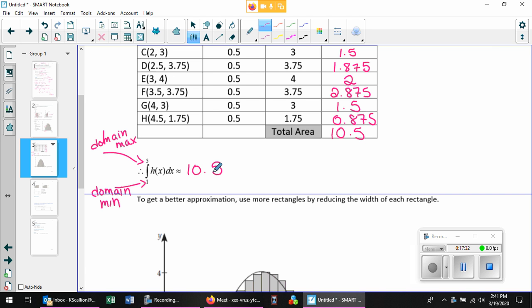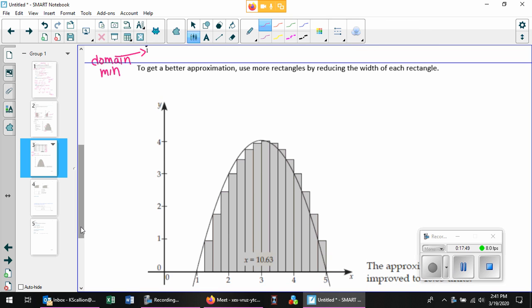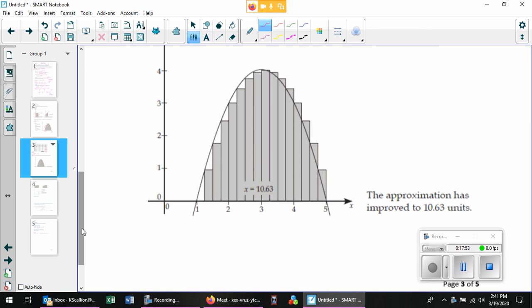But we're going to do it a little more efficiently, because this seems painful. But remember how we learned limits and we did the table of values first to get the idea of it, and then we used the formulas? Same sort of thing. So here, we're going to get a more accurate solution. I've changed my delta x, which you wouldn't know unless I told you.